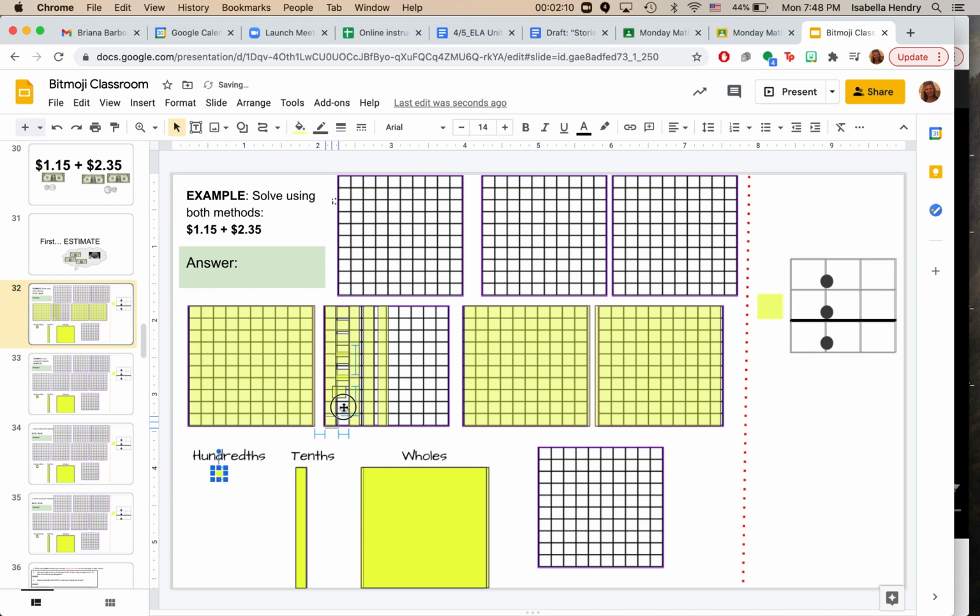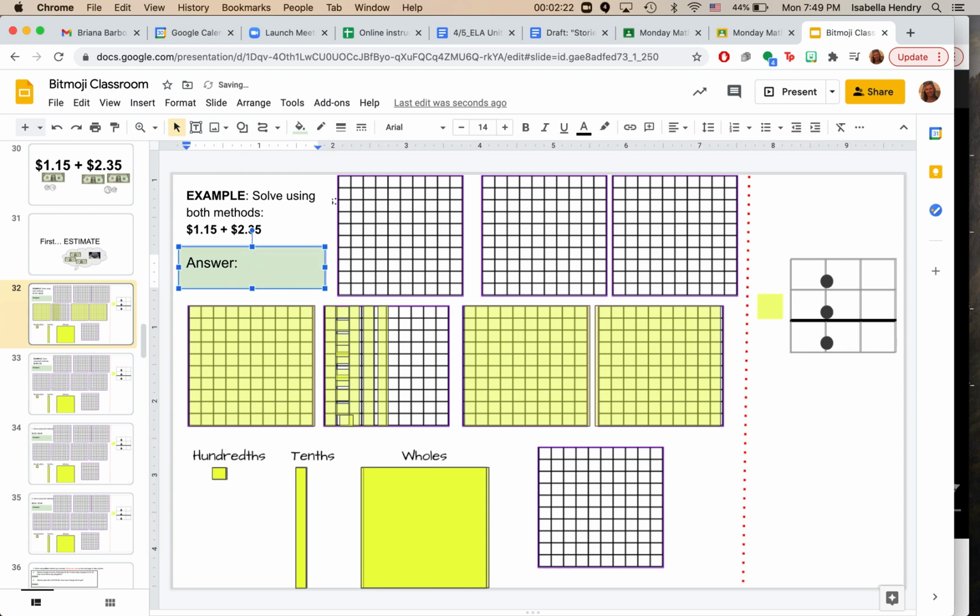I'm not being very neat because I'm trying to go a little quickly. Okay, so I'm looking here. I see 3 wholes and essentially 5 tenths. So for my answer, I would say 3 wholes and 5 tenths, and I have 0 hundredths beside the tenths that I've already recorded. So it's 3.50.